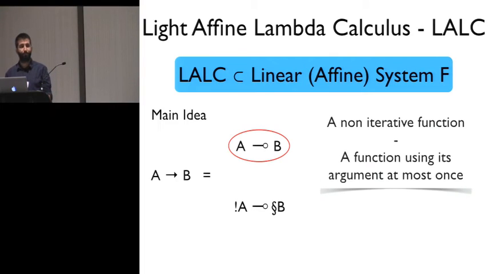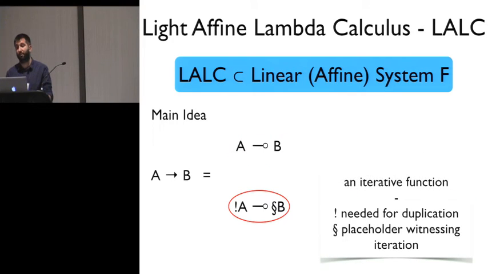The first one is the one of non-iterative functions, linear functions, or better, affine functions that use their argument at most once. The second one is the one of iterative functions, so functions that can iterate.